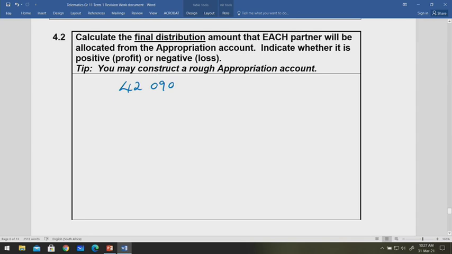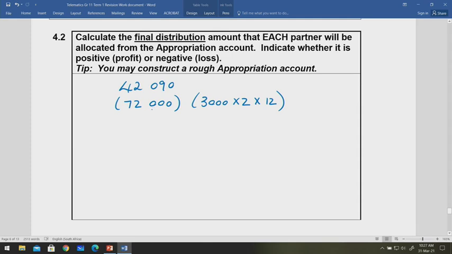The distribution given in information K, the salary for each partner, 3,000 Rand per month. So we have 3,000 Rand for two partners for 12 months each. So the salaries for both, 72,000 to be deducted.